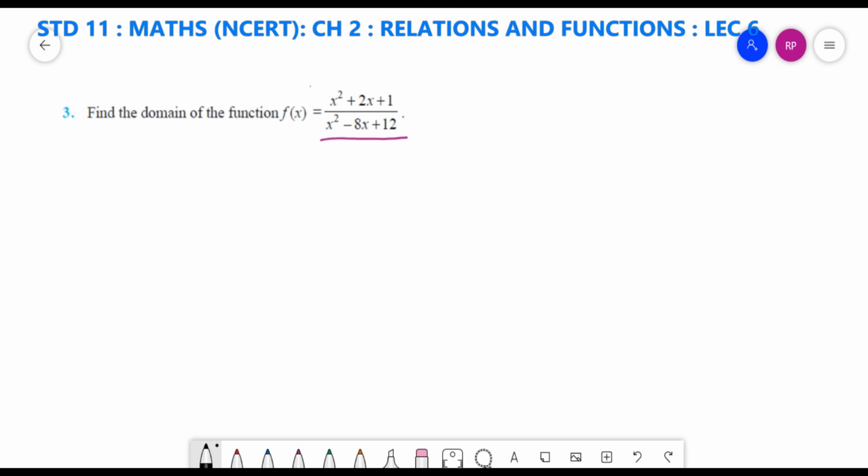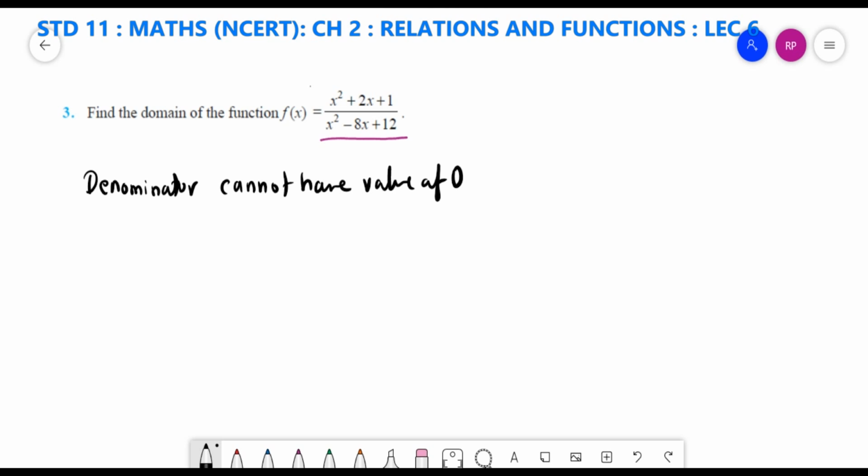So now you know in a fraction the denominator cannot have the value of 0, right? Denominator cannot have value of 0, because if it is having a value of 0, that means that function will be undefined, right?